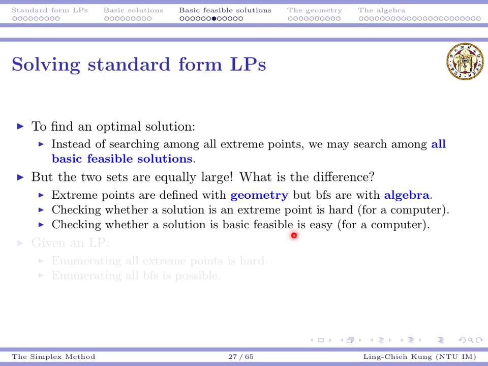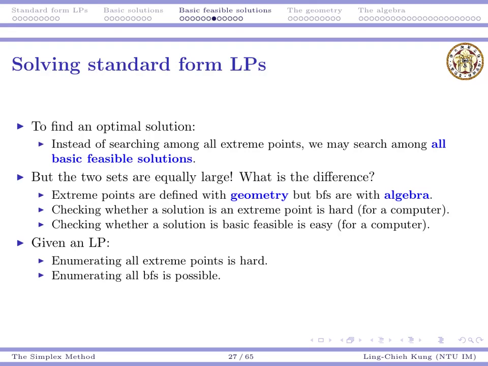Easy. So, because we will do a lot of calculations, we will focus on basic feasible solutions instead of extreme points. Because basic feasible solutions allow us to develop clear algorithms with algebra, okay?